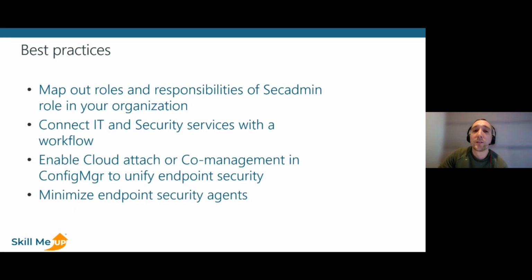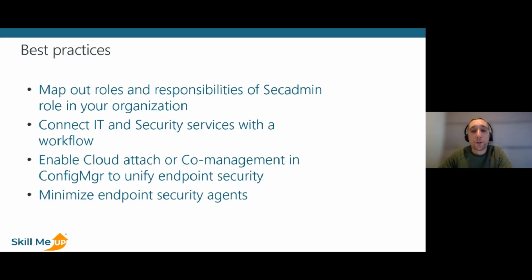Connect IT and security services with the workflow. Automate as much as possible. That's also my advice. If you can automate something, make sure you do it. If you have Config Manager, make sure you enable cloud attach or co-management to unify endpoint security. Also, you will get a lot of data imported in Endpoint Manager, even from your on-premises environment.